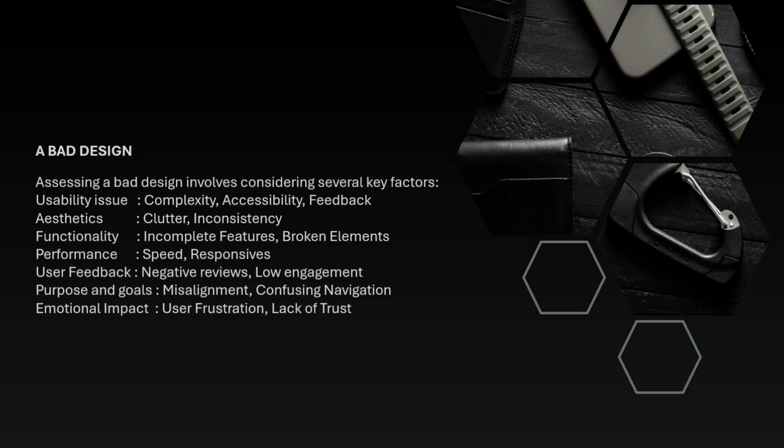Next we have performance, which is speed and responsiveness. Next we have user feedback, which is negative reviews and low engagement. Next we have purpose and goals, which is misalignment and confusing navigation. And lastly we have emotional impact, which is user frustration and lack of trust.